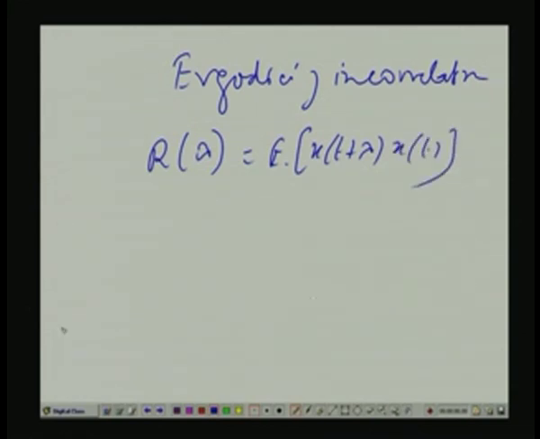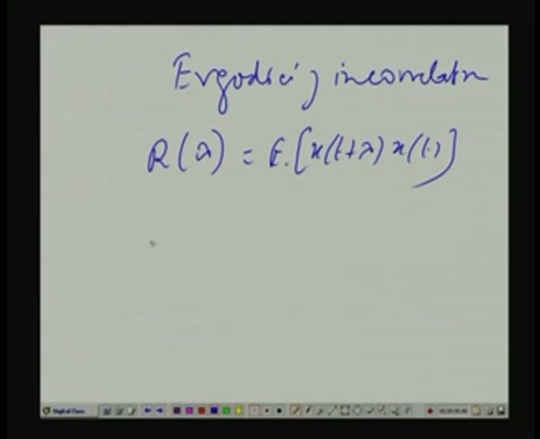If you have any observation x t waveform, you find this product; next time you observe the waveform x, find this product between the samples at t plus lambda and t, and average over several observations, which is an ensemble average. So, if your number of observations is higher and higher, finally this ensemble average becomes a good estimate of the actual R lambda, that is the actual statistical average.